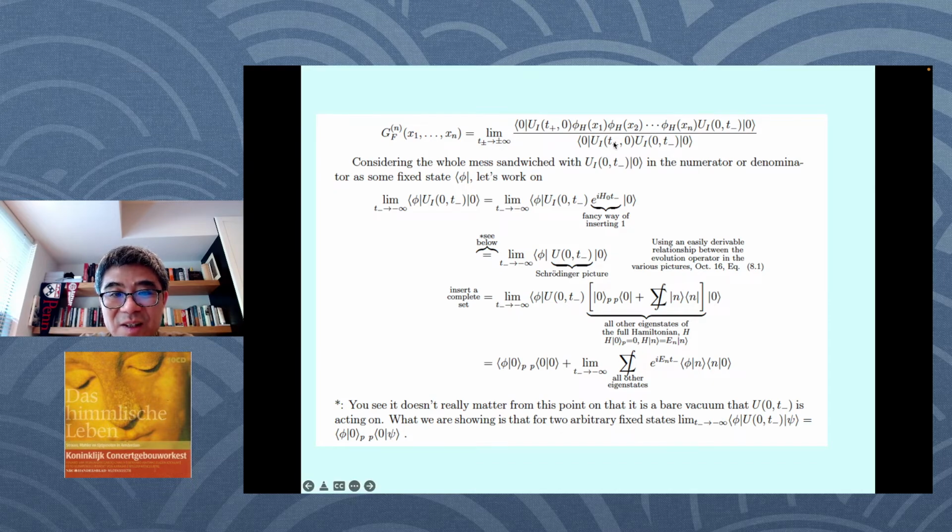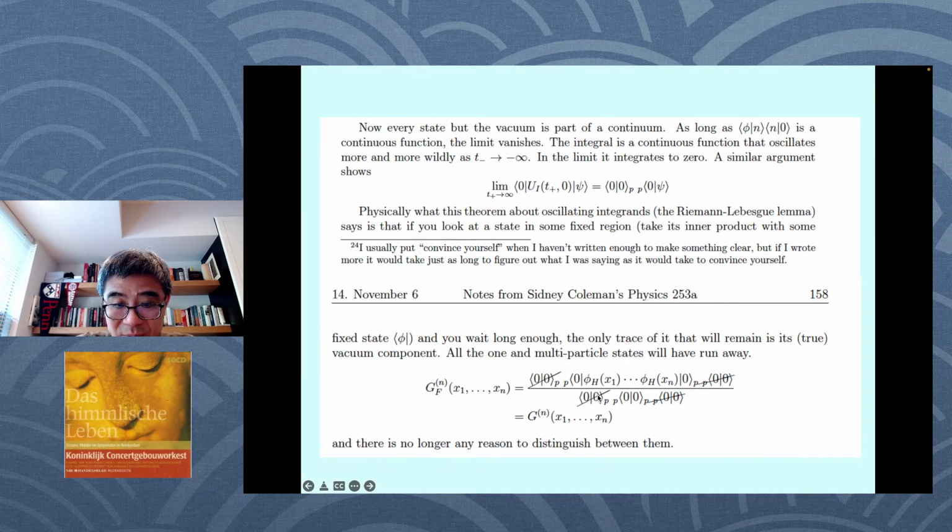And by sending t plus to infinity, I send in a p0, 0p, and therefore that's it. 0p, p0, 0p, p0. Okay, so exactly the same thing. However, by including this denominator, this and this cancel out, this and this cancel out, and the physical vacuum and physical vacuum actually is normalized to 1.